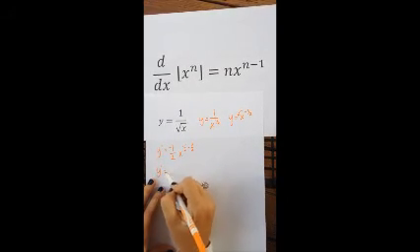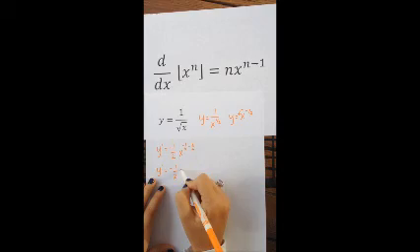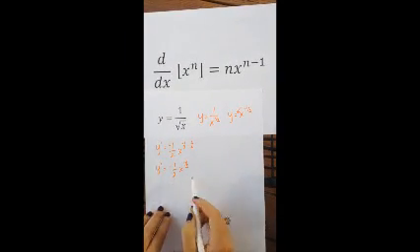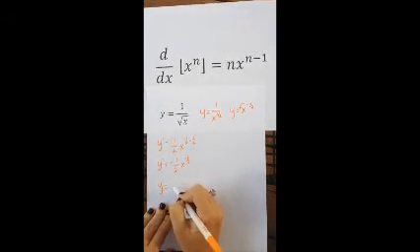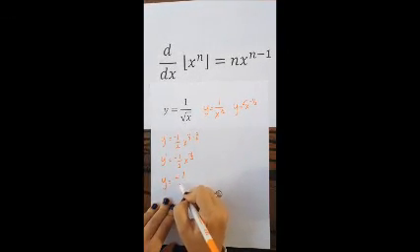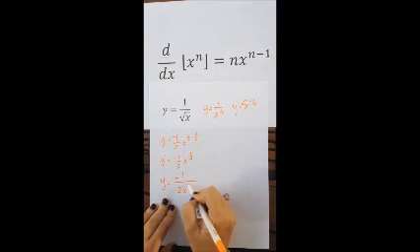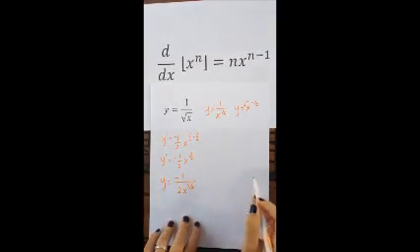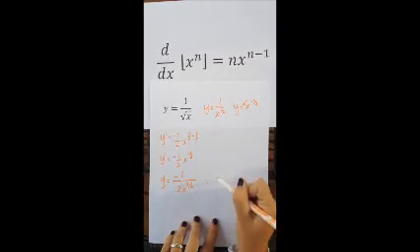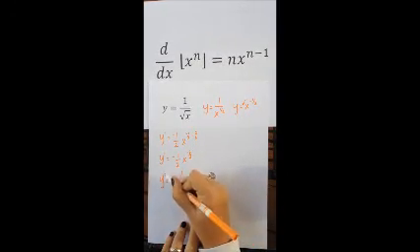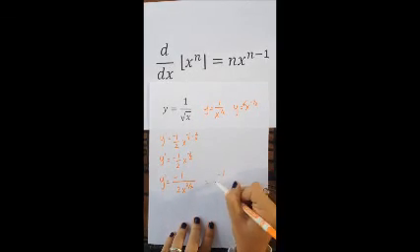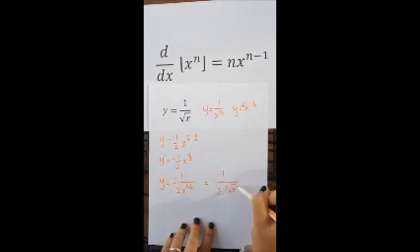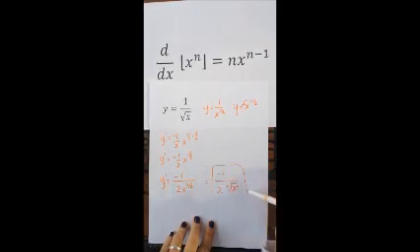So y prime equals negative 1/2 x to the negative 3/2 power, and you want to simplify all the way. So y prime equals negative 1 over 2x to the 3/2 power when you move your variable down to the bottom, which can also be written as negative 1 over 2 times the cube root of x squared. And that's your most simplified answer.